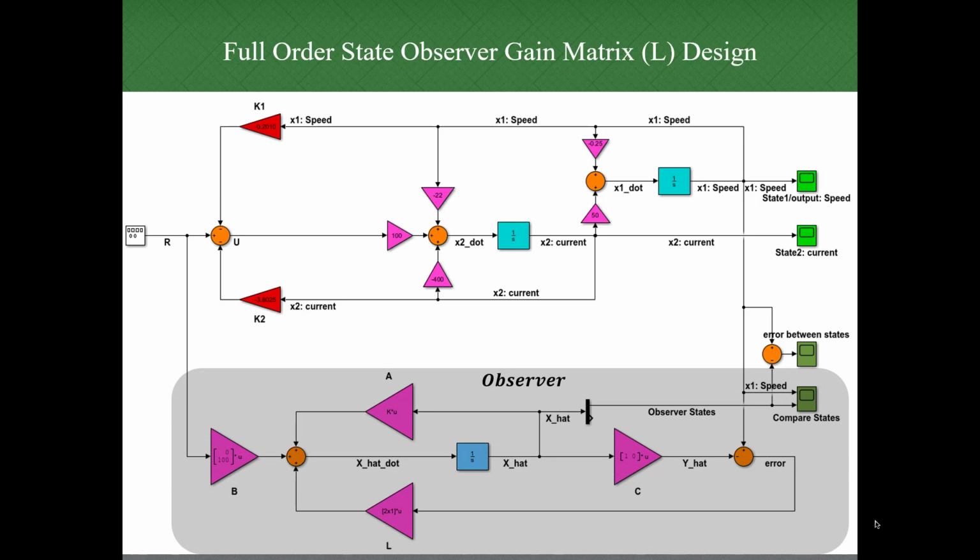Here in this schematic, you can see how we can implement an observer for our DC motor with a pole placement controller. As you can see, we use A, B, and C matrices from our original model, and we added an L matrix in our feedback down there.